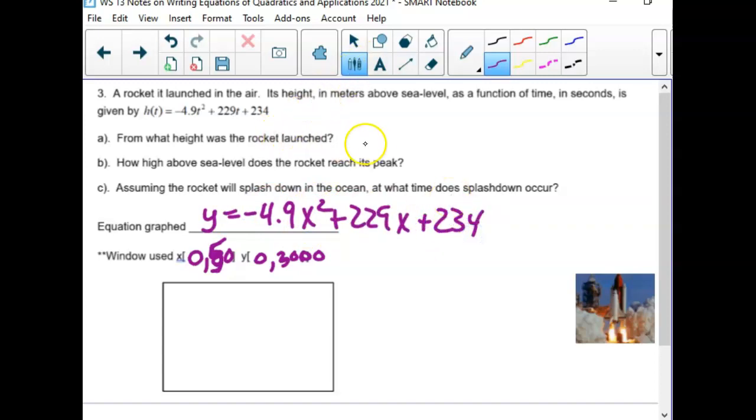Okay, what is the height when the rocket was launched? Anybody? 234 meters. How high above sea level does it reach its peak? What are we going to use to find the peak? The maximum. And which one is the distance above sea level, the x or the y at the maximum?